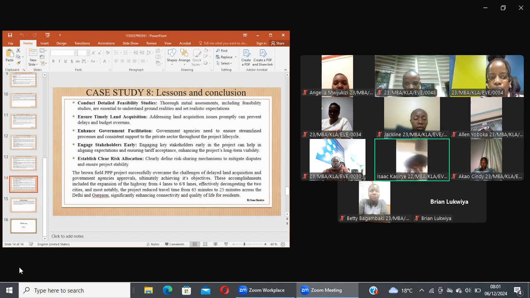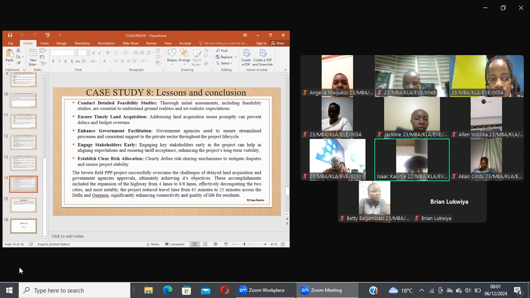The other lesson learned was the need for timely acquisition of land. Addressing land acquisition issues in time can prevent delays and budget overruns.